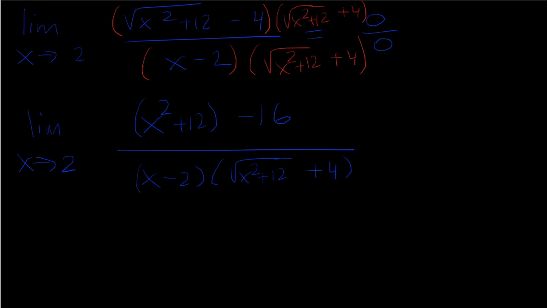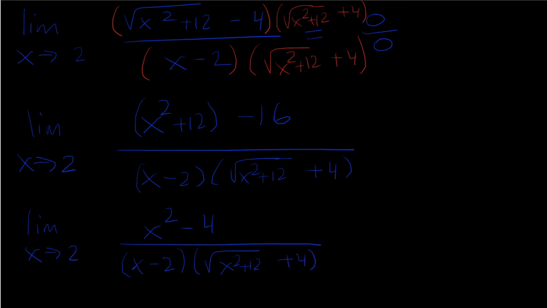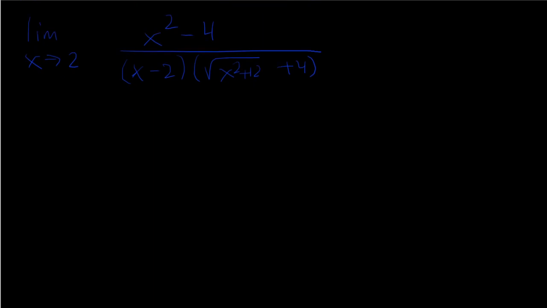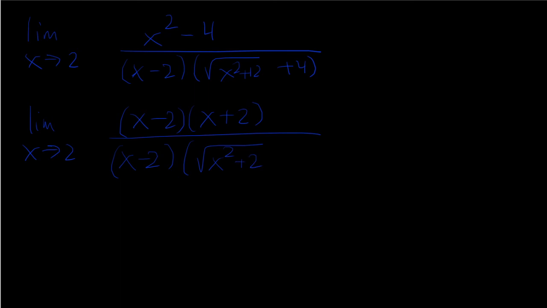The top could still be simplified. We have 12 minus 16 there. So that would be x squared minus 4 all over x minus 2 times the square root of x squared plus 12, plus 4. x squared minus 4 can be broken up into x minus 2, x plus 2, all over x minus 2 times the square root of x squared plus 12, plus 4.